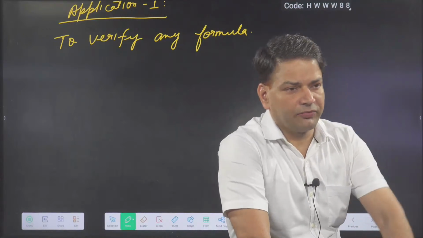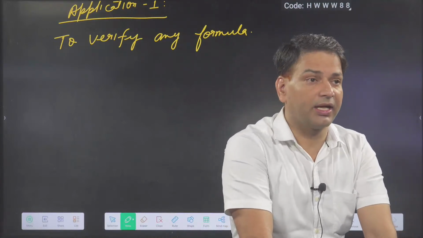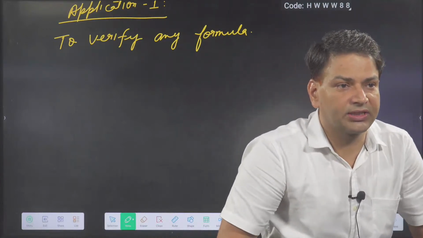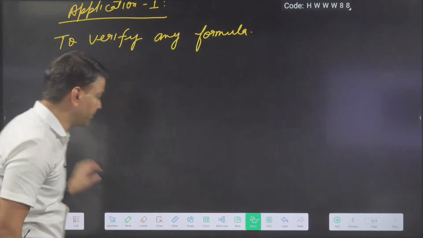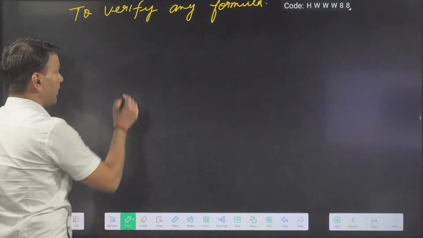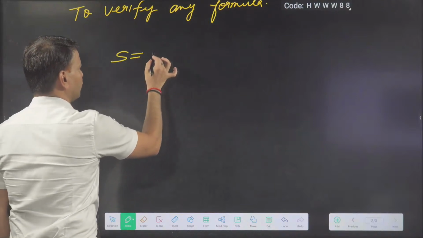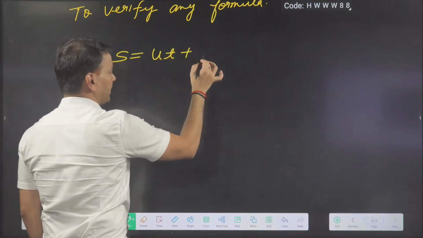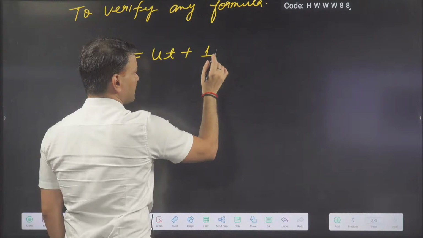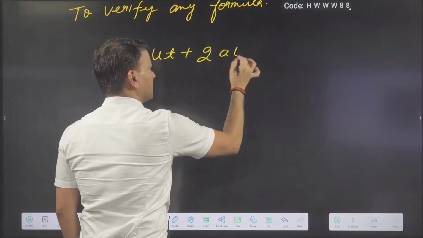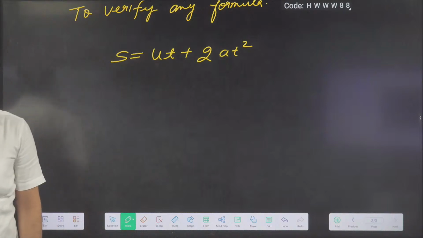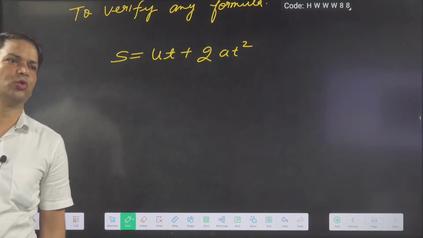By using dimension we can verify whether the equation is correct or not. Equation is correct or not. Okay, so suppose I am writing one example. S is equal to ut plus 2at square.